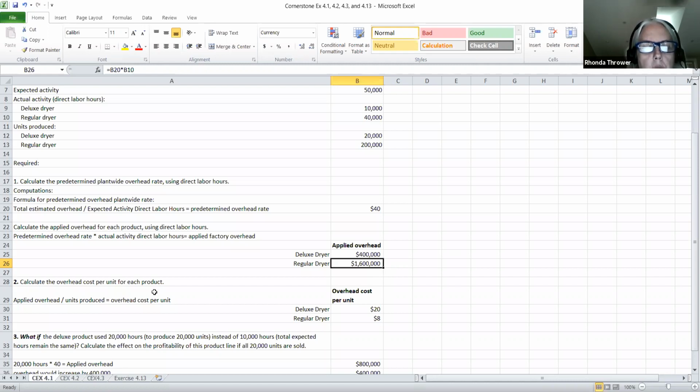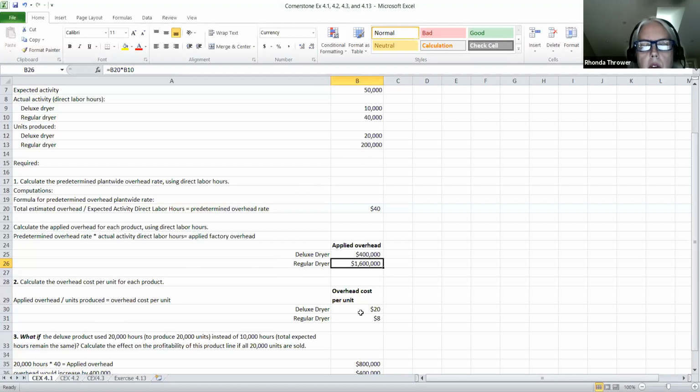In part 2, they want you to calculate the overhead cost per unit for each product. So this is just taking this step up here a little bit further. We're going to take the applied amount of overhead for each of our products, and divide it by the number of units produced that was given up above.